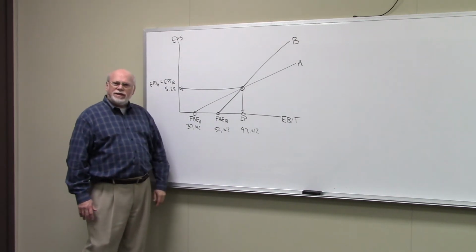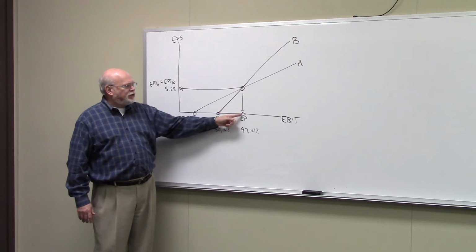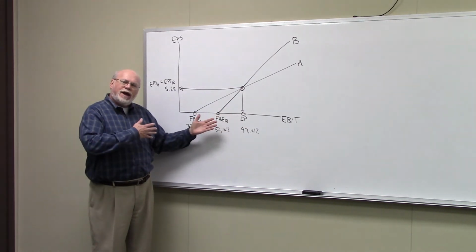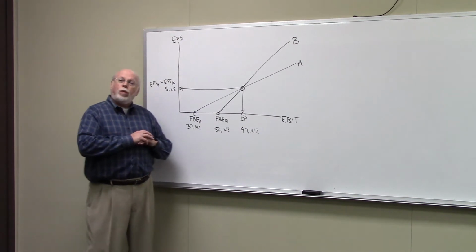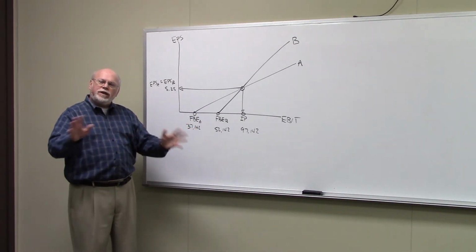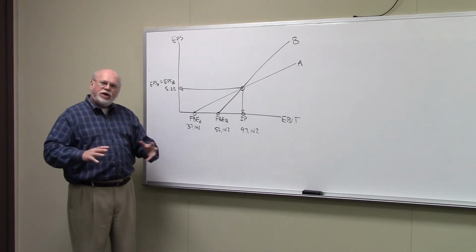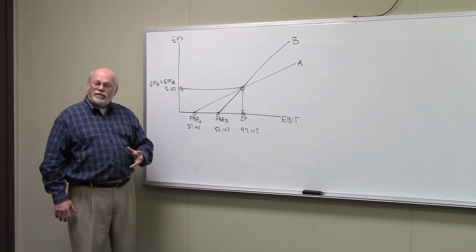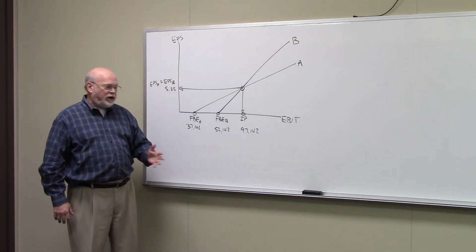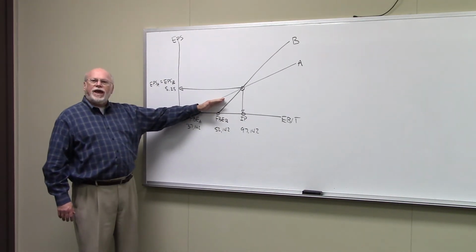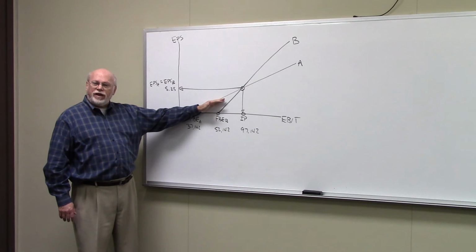As we look at this, this is our indifference point. If our marketing people went out and said, we project this many units to be sold and this much in revenue, and we figured out what operating profit we think we would earn under that scenario, if it was going to be less than $97,142, you'd want to go with the capital structure that had the least amount of financial leverage.